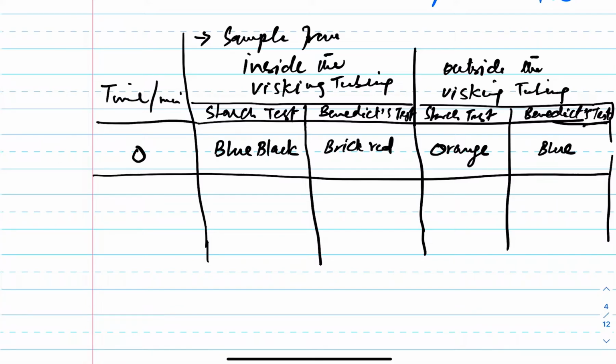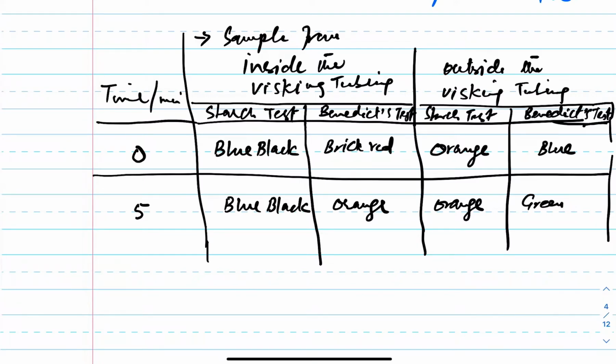After 5 minutes, however, you may find that the starch is still blue-black inside, but the Benedict test inside gave us an orange color, and the starch test outside is orange, and the Benedict test gave us maybe green color.